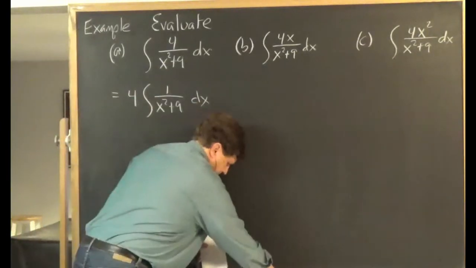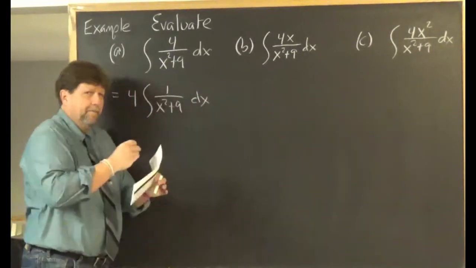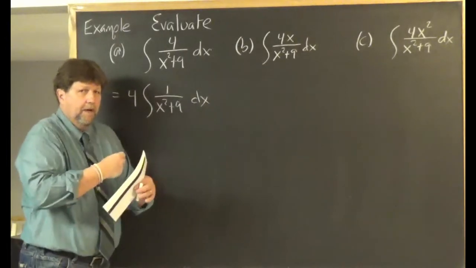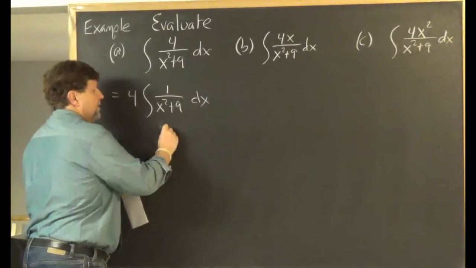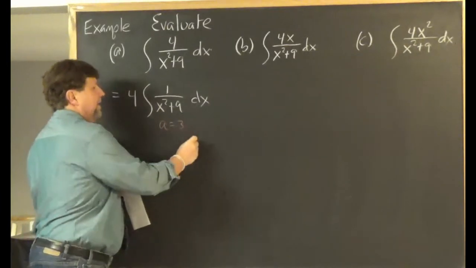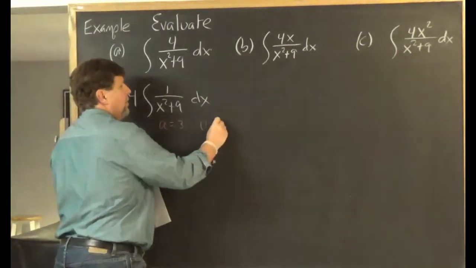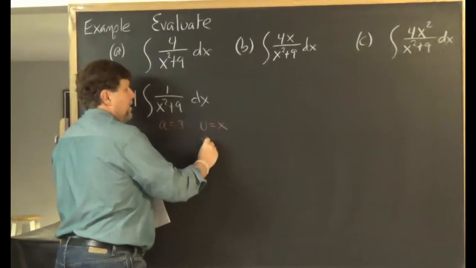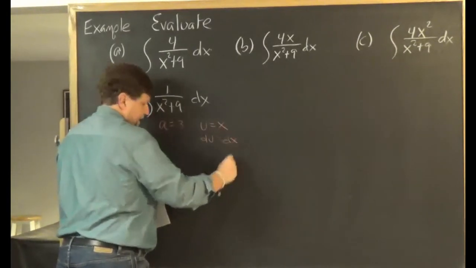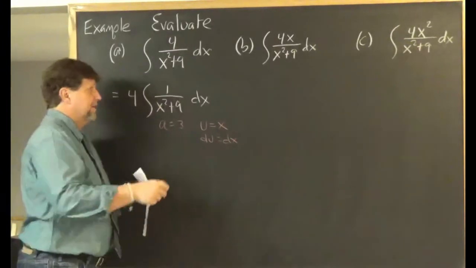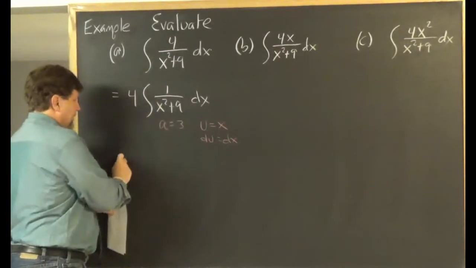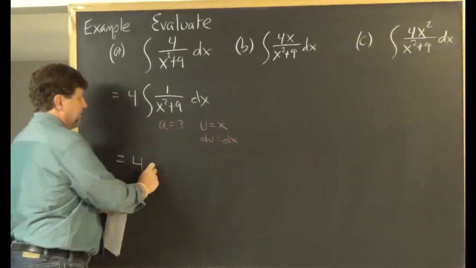Let me write this up here, in what we just reviewed, basic formulas that you should know. For inverse tangent, a is 3 and u is x. I always make a note of that because du is dx, so I don't have to worry about any extra multipliers. So I can now get the antiderivative in one step.